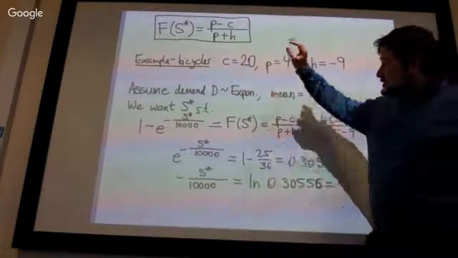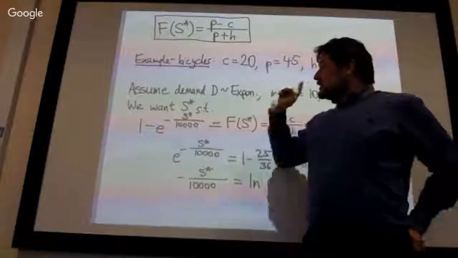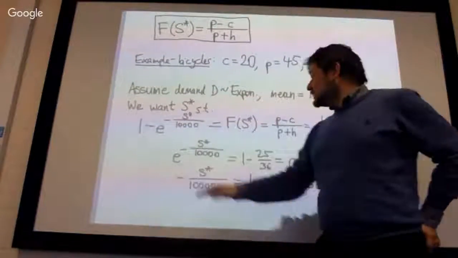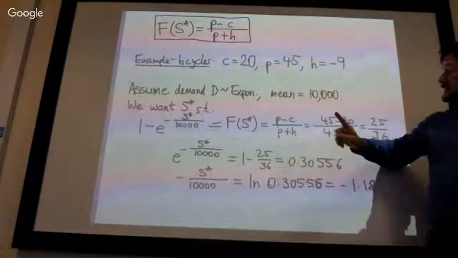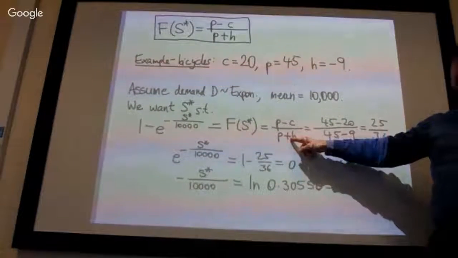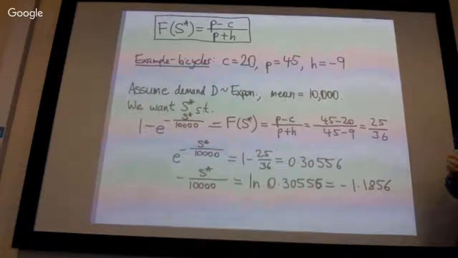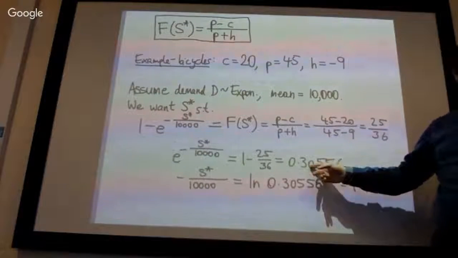So because we're assuming that demand has the exponential distribution with this mean, that is what the cumulative distribution function is. And because by our theory it's supposed to be this fraction, which we get is roughly 0.44.